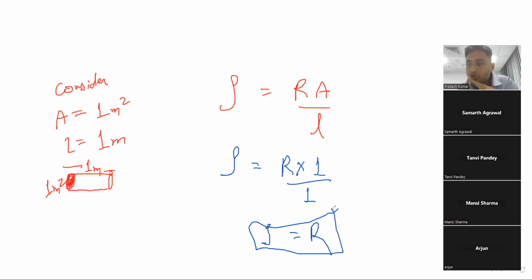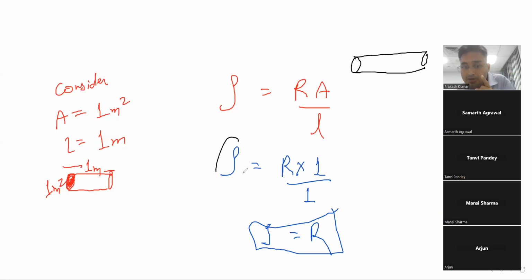Yes, sir. So you will tell that resistivity is not a new thing. Resistivity is the resistance only, but when we take the area of the wire as 1 meter square and the length as 1 meter. You can take any length; the wire can be of any length.